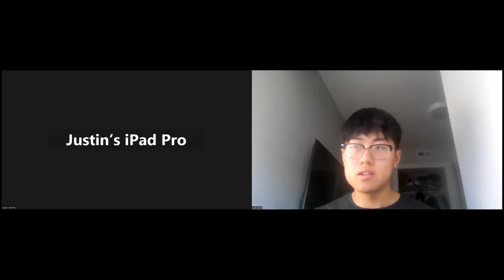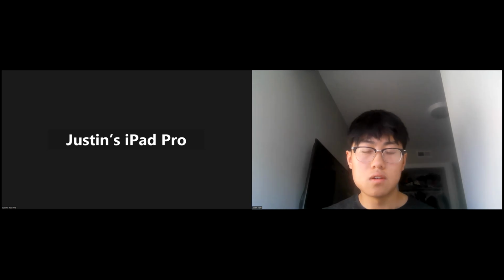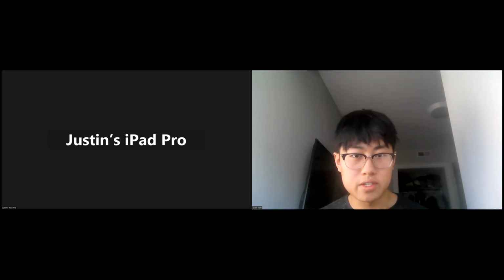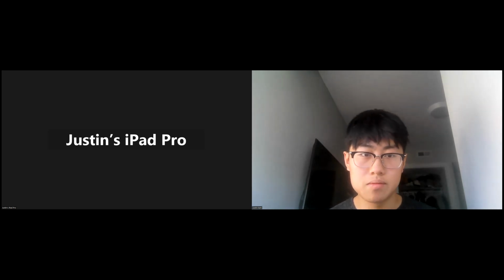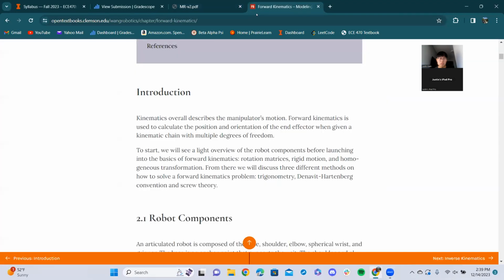Okay, and then finally, I'll share my screen now on my laptop. This is another resource that we can use to learn more about forward kinematics.